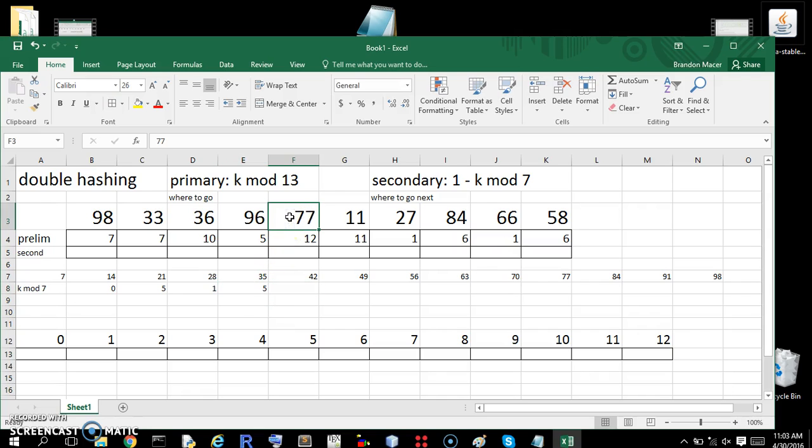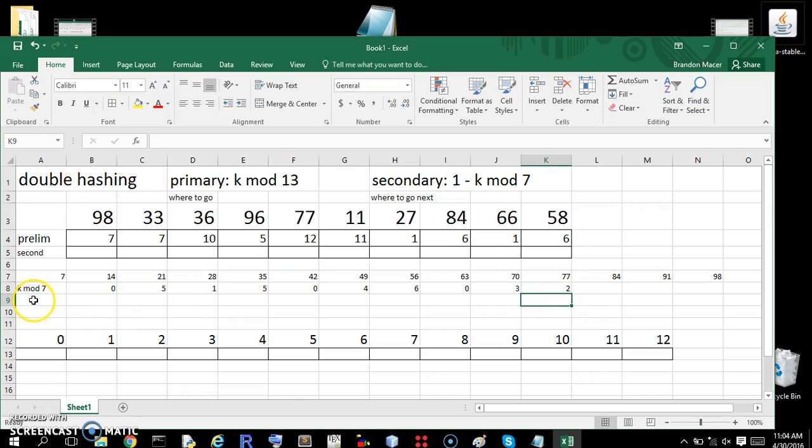What do we have? 77 is a multiple, so it's 0. 11 is 7. 11 minus 7 is 4. 27. 21. 27 minus 21 is 6. 84 is a multiple, so 0. 66 is 63. 66 minus 63 is 3. And 58 is 56. 58 minus 56 is 2.